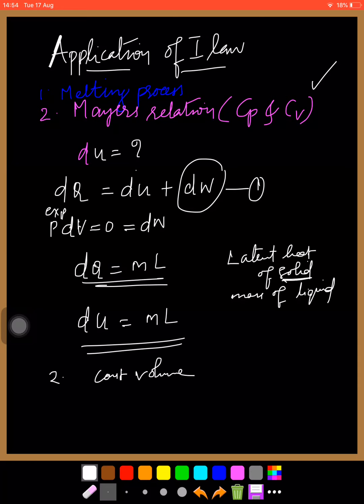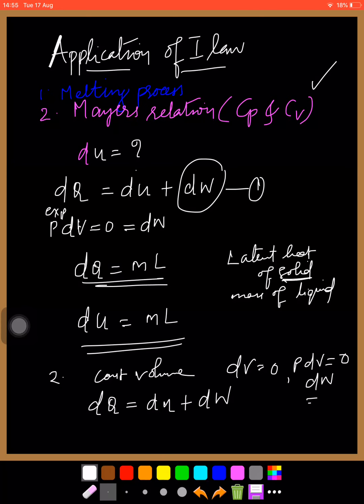From first law, dQ is equal to dU plus dW, and since it is heated at constant volume, dV is 0 or PdV is 0. PdV is the work done, that is dW is 0.